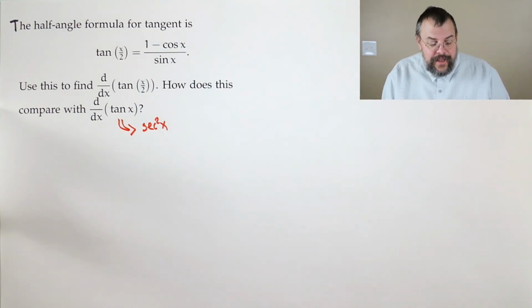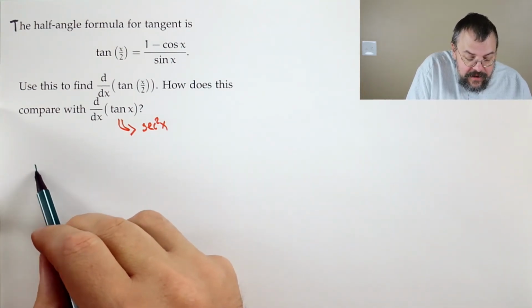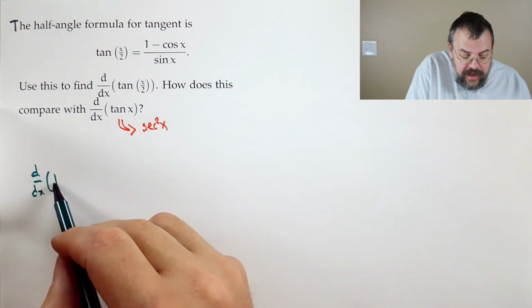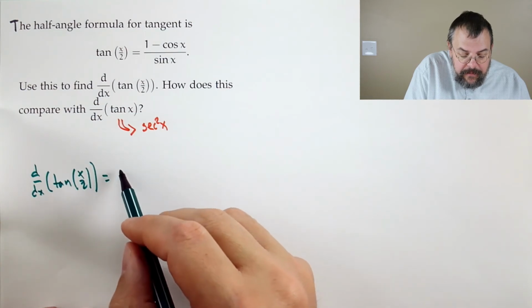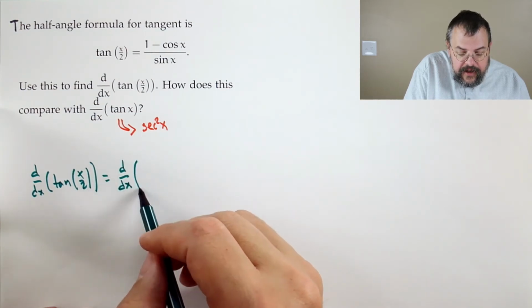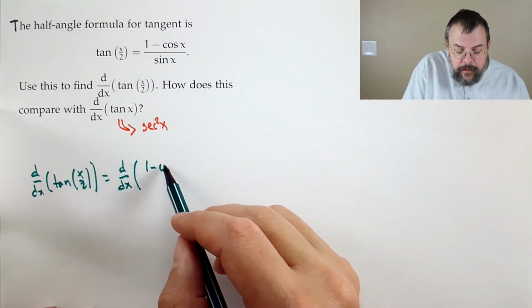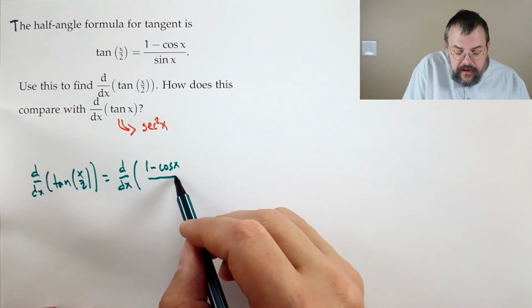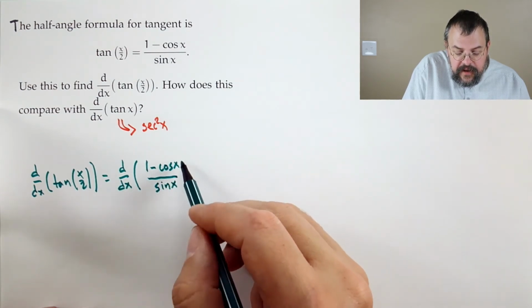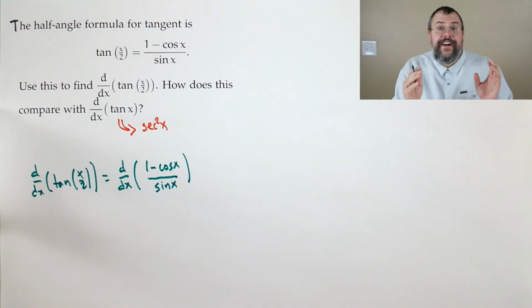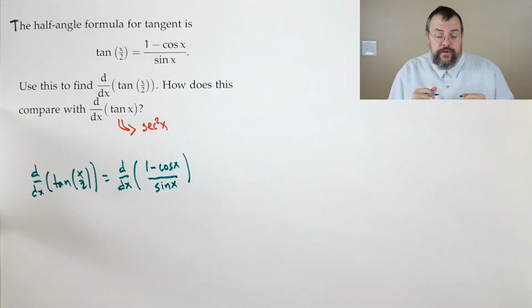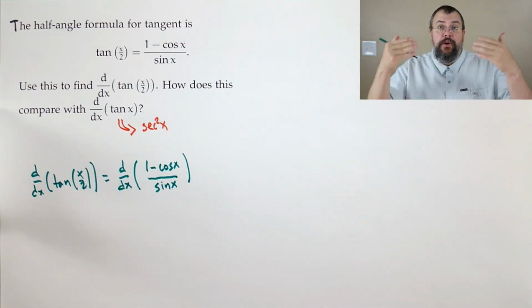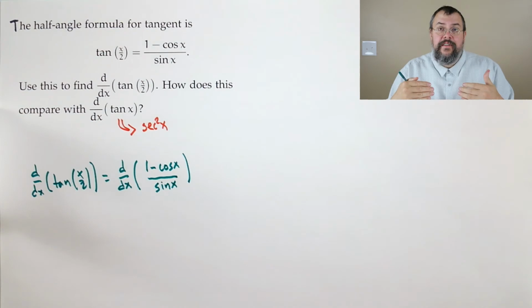Okay, so let's begin. We know that the derivative of tangent of x over 2, I don't know how to handle that directly, but I can say this is really 1 minus cosine of x over sine of x. The nice thing is I know how to handle things like cosine of x and sine of x because I know those rules. And this expression, 1 minus cosine x over sine of x, is a quotient. I have a rule for that.